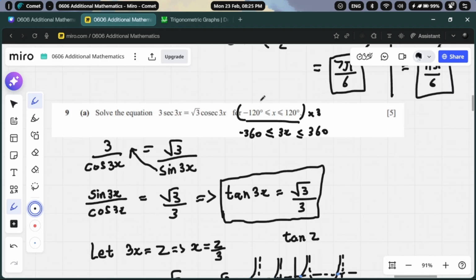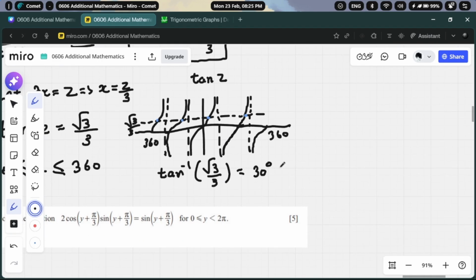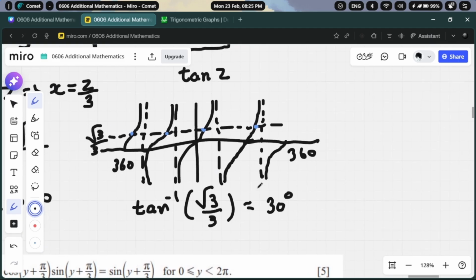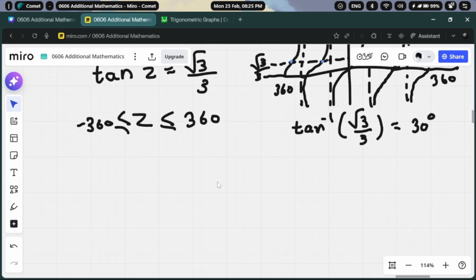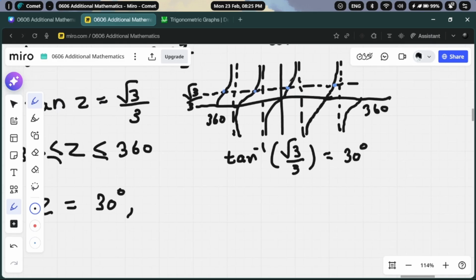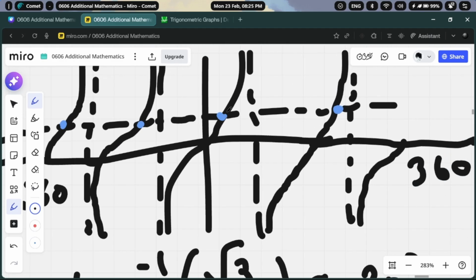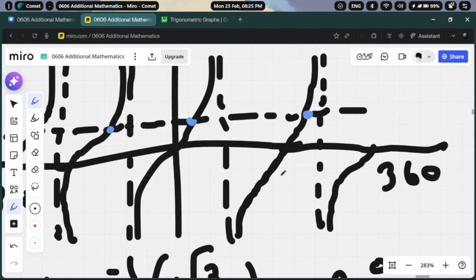Just double check whether it's in degrees. It is. Perfect. Now I'll just list all the solutions for tan z over here. So z is equal to either 30 degrees, then 30 degrees is over here. If you go ahead, this would be 180, right?